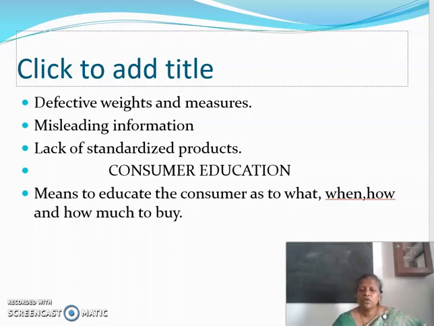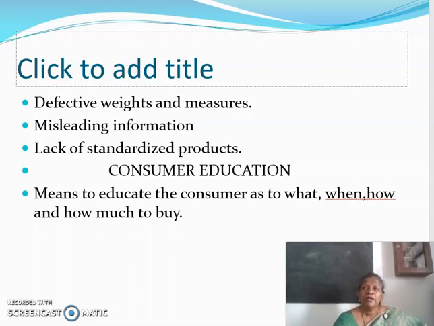Next point is misleading information. What is misleading information? For example, they say that if you use this kind of soap, you will become fair, or you won't get pimples.